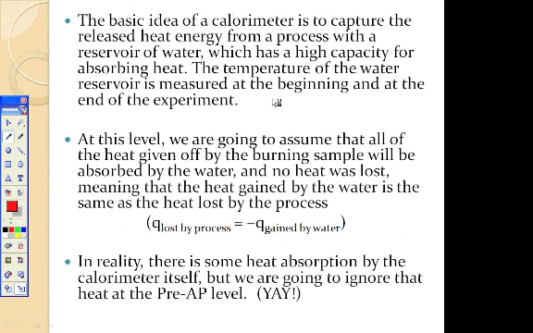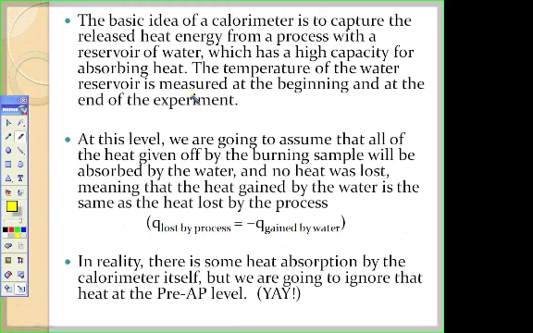Now, we've talked about this. Let's summarize a few things. The basic idea of a calorimeter is to capture the heat released. We're going to capture that heat released typically in some sort of reservoir or water. That reservoir could be the bulk solution of an aqueous reaction. We measure the temperature.